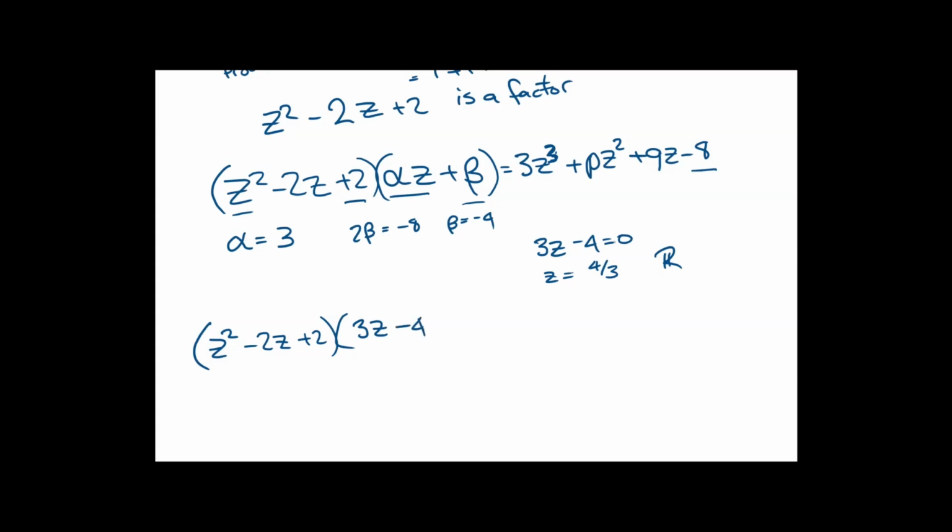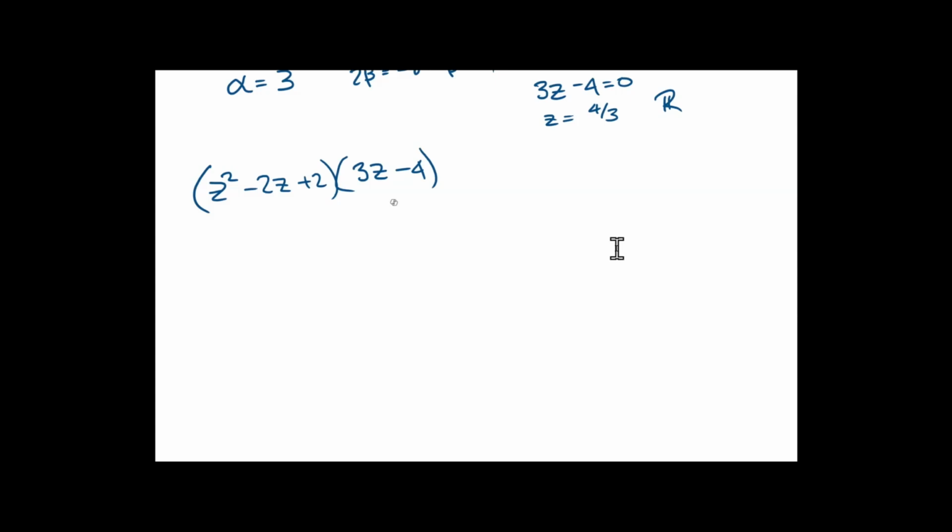3z minus 4. We can expand out that bracket and see what we get. So z squared times 3z, that's 3z squared. Minus 2z times 3z is minus 6z squared. 2 times 3z is plus 6z.